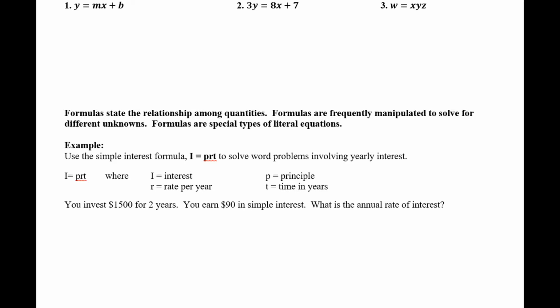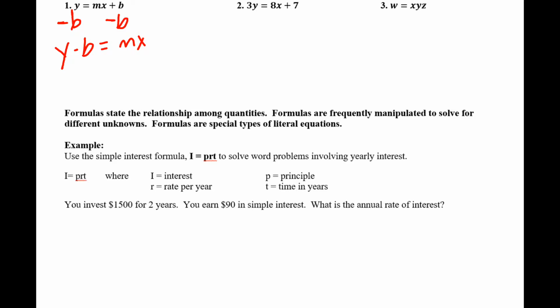First things first, follow that SAD MEP, remember. So we should subtract first because we got plus b. I'm going to subtract b from both sides, and so I have y minus b equals mx. Okay, so now what's m doing to x?